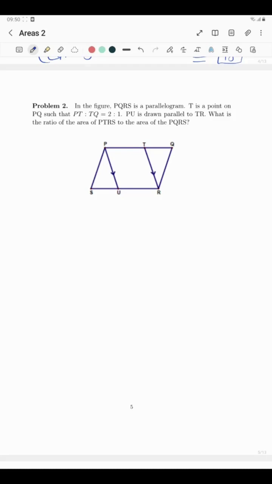What is the ratio of the area of PTRS to the area of PQRS? And you can see why this notation is so useful, because you can just tell yourself, I'm looking for square brackets PTRS divided by square brackets PQRS, if you know that square brackets represents the area of the polygon.